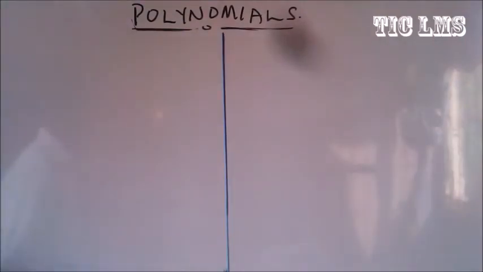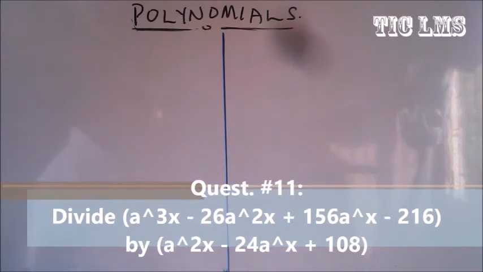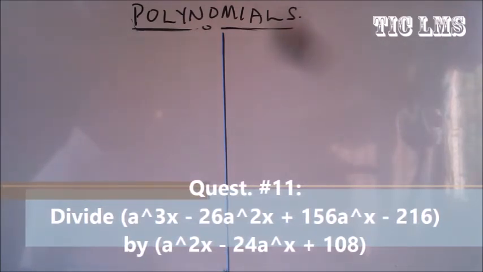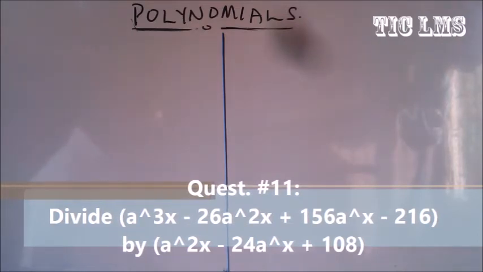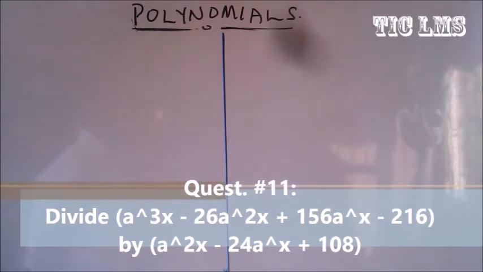Here is the next question, which says divide a raised to power 3x minus 26a raised to power 2x plus 156a raised to power x minus 216, all divided by a raised to power 2x minus 24a raised to power x plus 108.